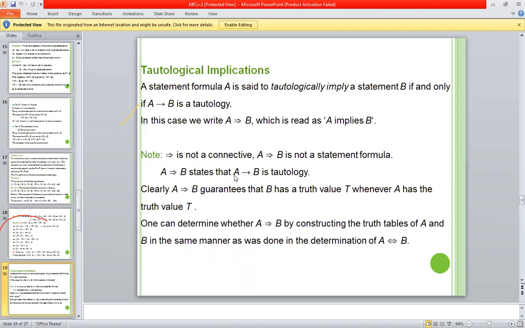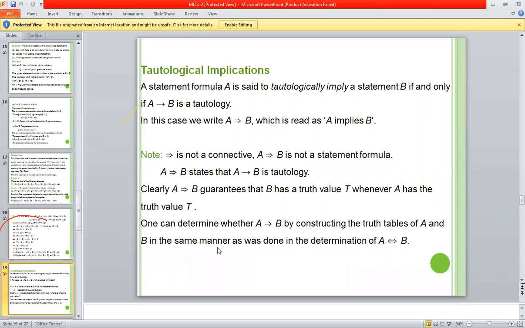This means A implication B is a tautology. Clearly, A implication B guarantees that B has truth value true whenever A has truth value true. That is called tautology. So one can determine whether A implies B by constructing the truth table of A and B.